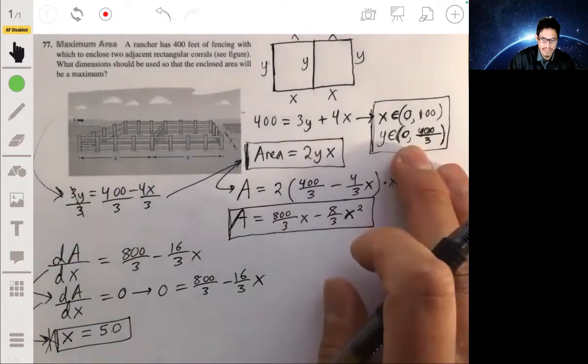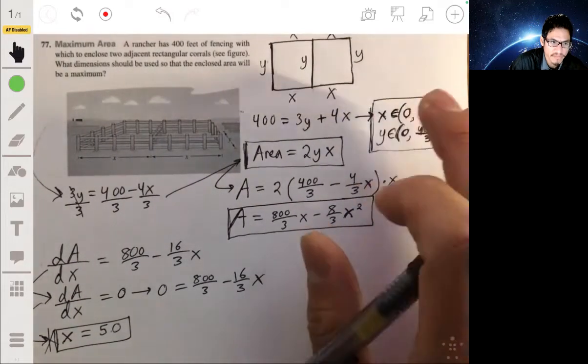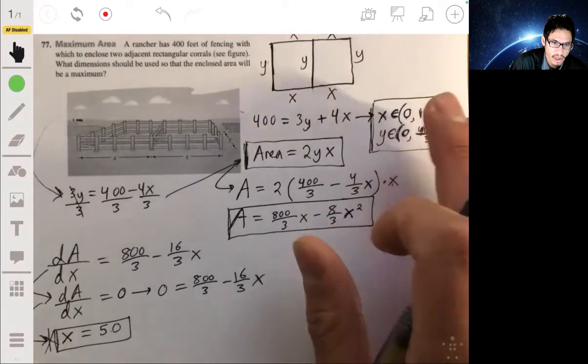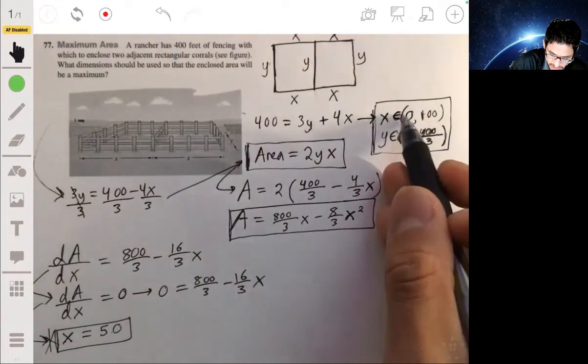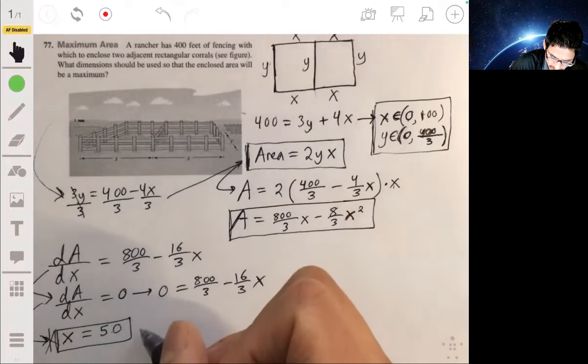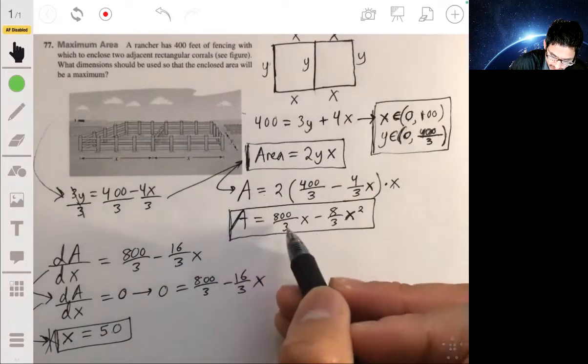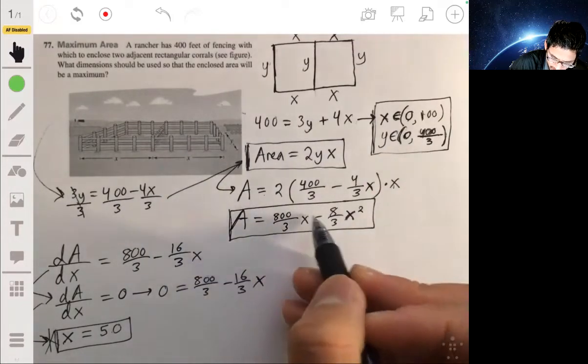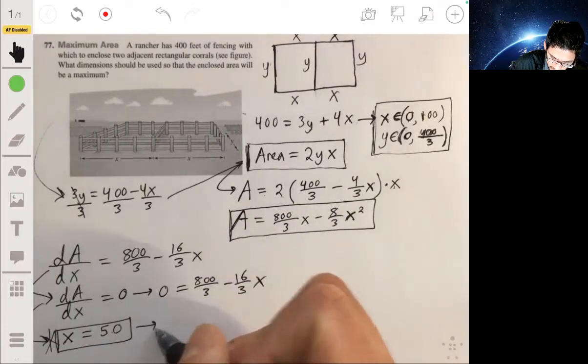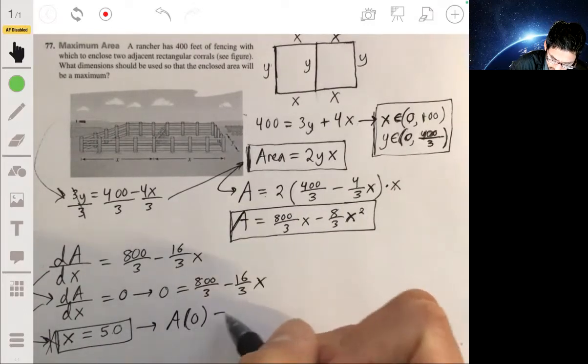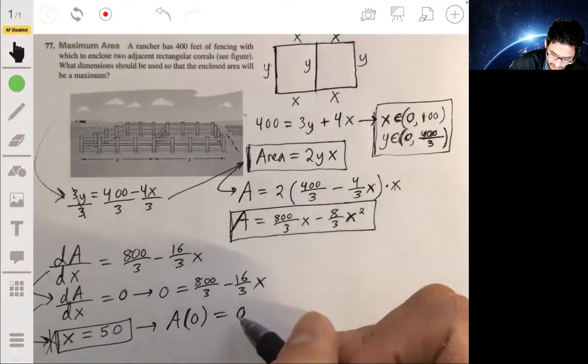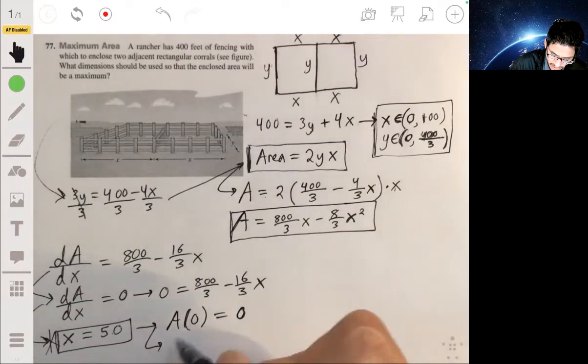So, if I did the very simple way we learned in the first section of this chapter, I would find the area when x is 0. A of 0 would give me an area of 0. That wouldn't work. Then I compare it to A of 50.